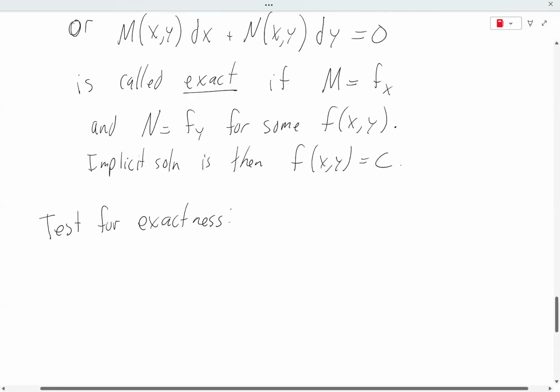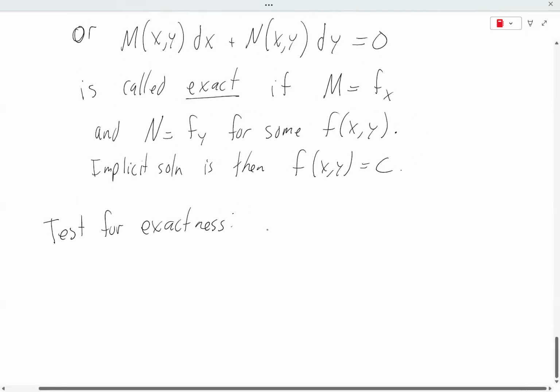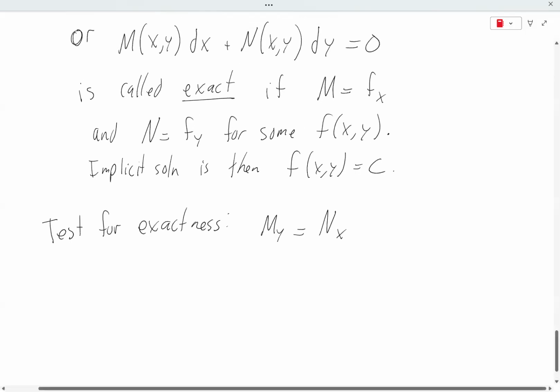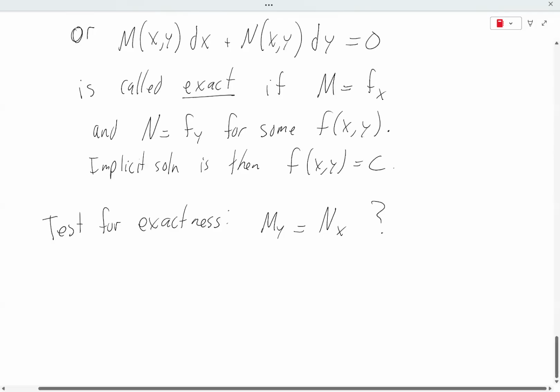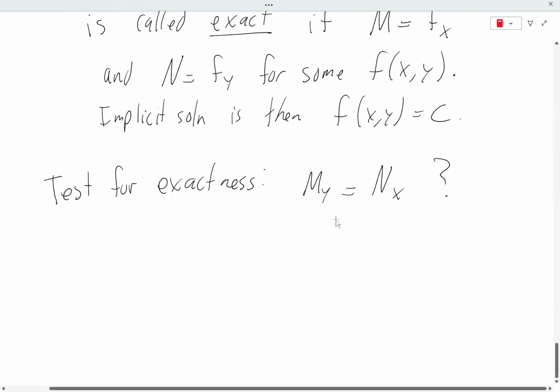So one test for exactness here is this: is m sub y equal to n sub x? If this is true, then it turns out the equation will be exact. This is basically saying the mixed second partials are going to be the same.